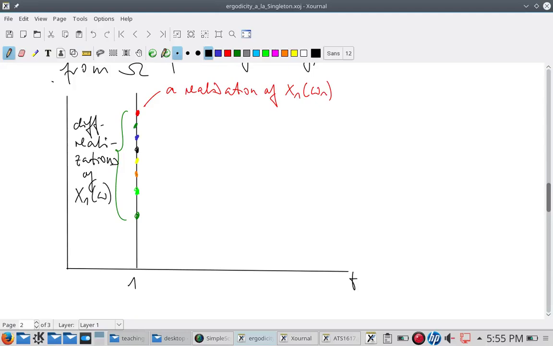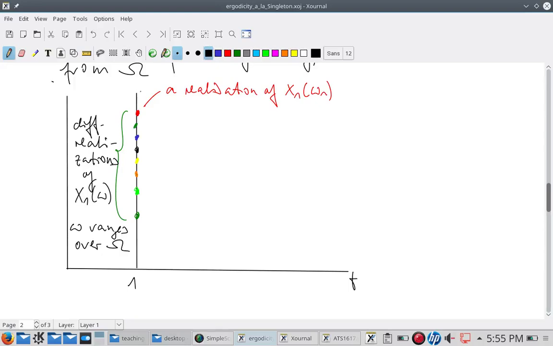So what Singleton says, basically, is that omega ranges over the big omega, over the sample space. We observe the process over and over again. And suppose we have enough observations, we can say, why don't we draw something like a density over these observations? Maybe I get something like that in the end.